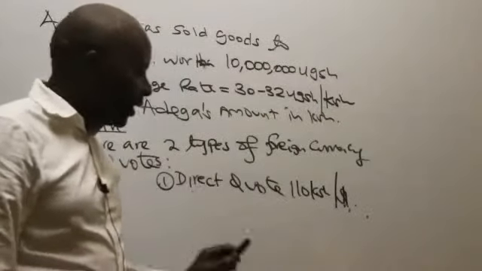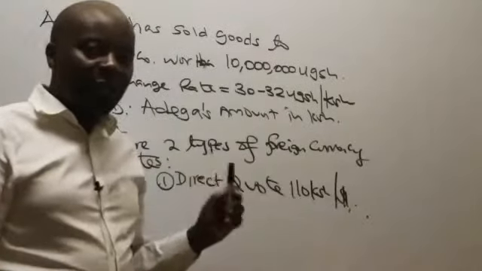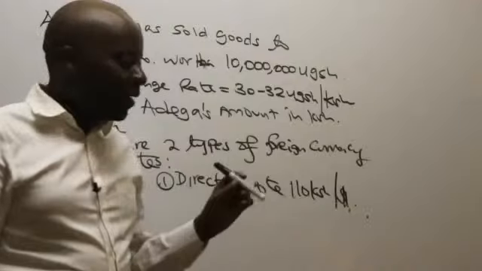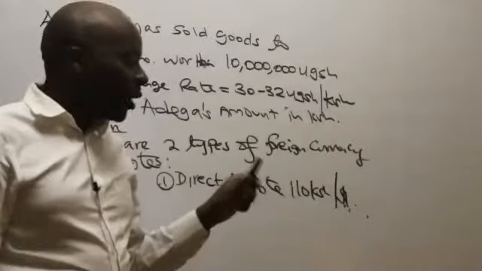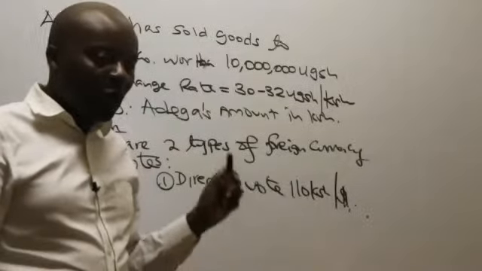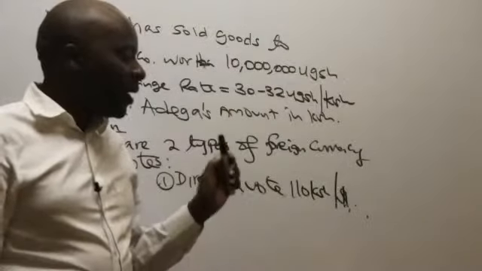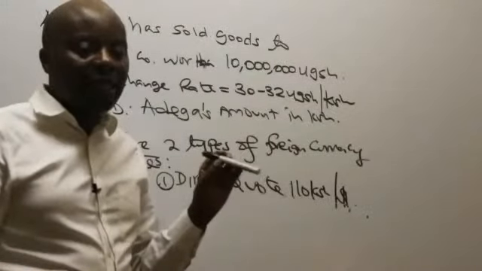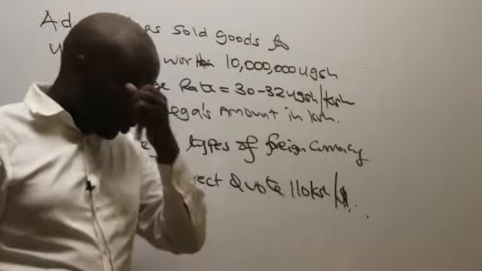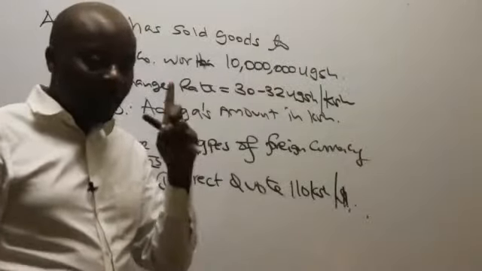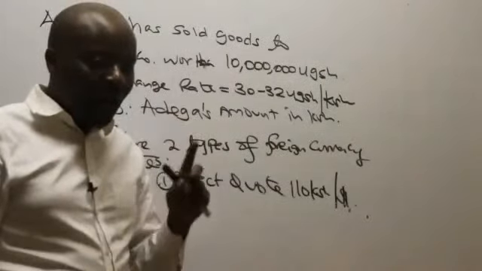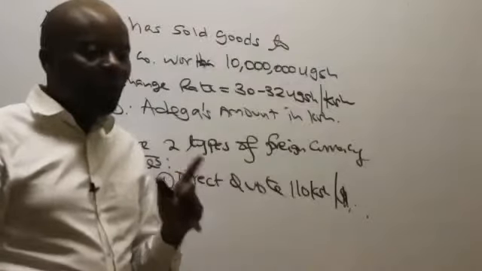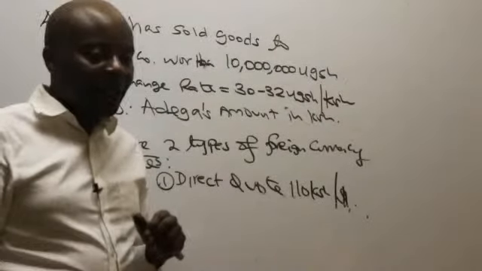Please write this, that for direct quote, the amount of the local currency required to purchase 1 unit of foreign currency is given.